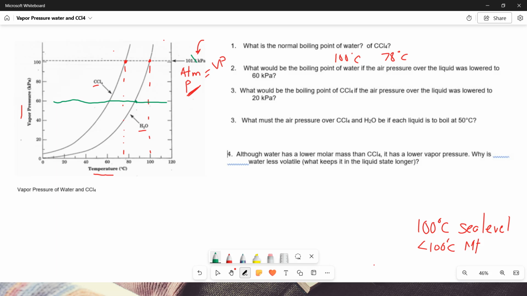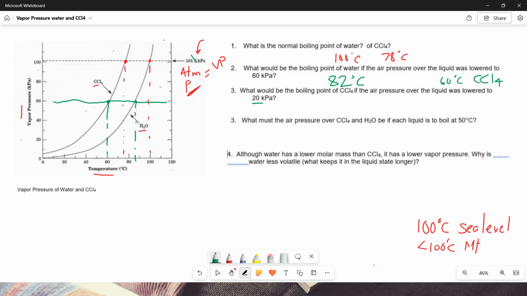So if I find the intersection of water with the pressure and I drop down, I'm going to see it's approximately going to be about 82 degrees Celsius. And then if we come over here for the carbon tet and we drop down, which they don't ask, it's going to be approximately 60 degrees for the carbon tetrachloride.